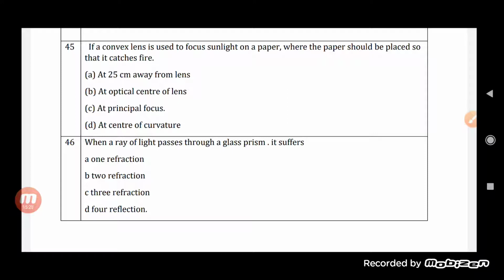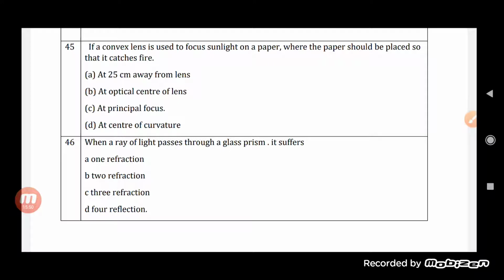So you know that all the parallel beam of light coming from the sunlight, when it passes through the convex lens, which is a converging lens, will converge at a point which we call the principal focus, right?